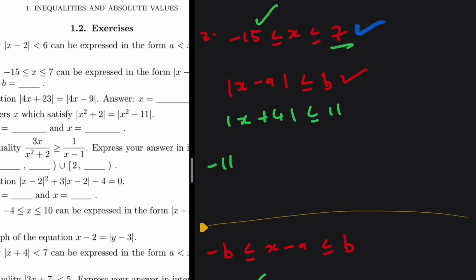So we would have minus 11 less than or equal to x plus 4, less than or equal to 11. We subtract 4 on all sides, we get minus 15 less than or equal to x, and then 11 minus 4, that is 7. So minus 15, 7, x checks out.